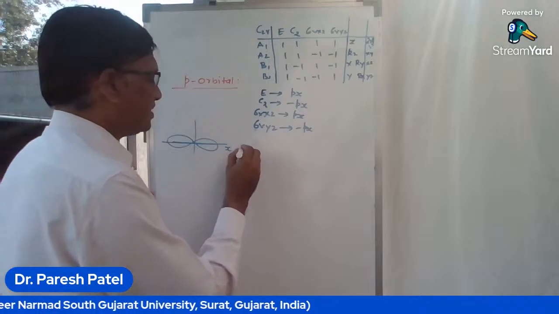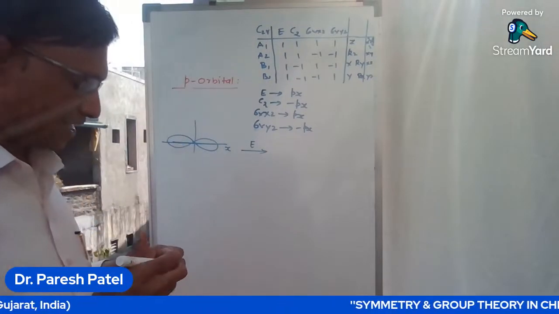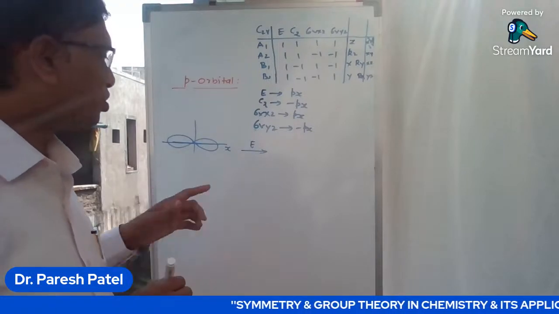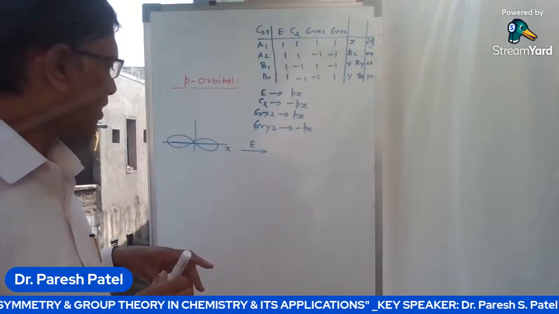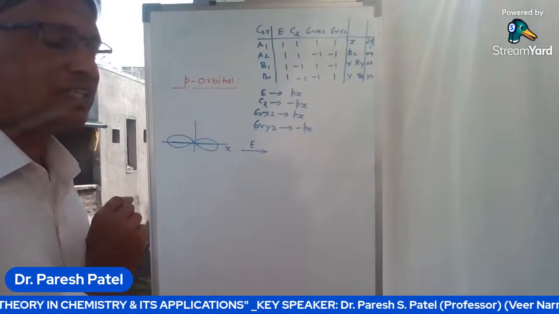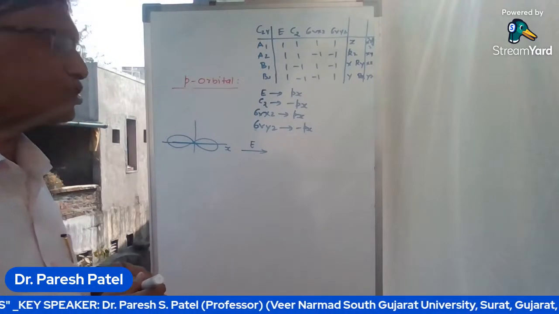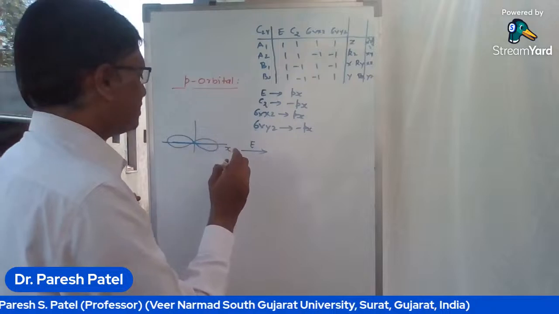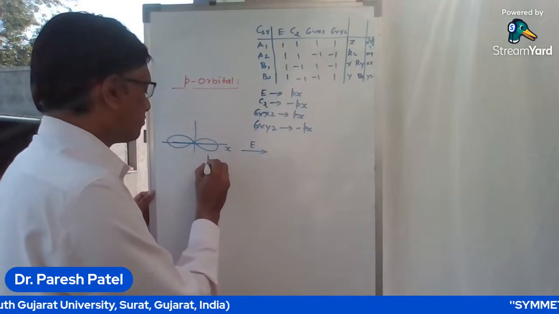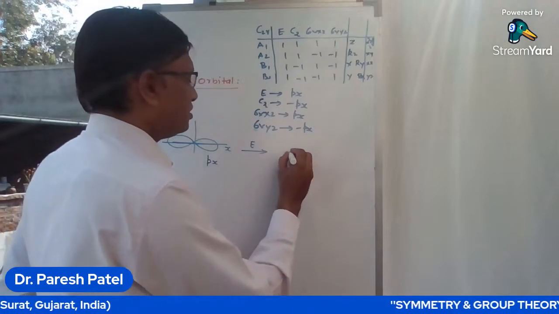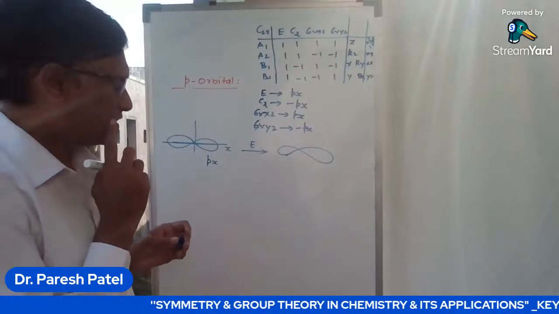Now, if we operate the identity symmetry operation, we can also consider that the shape of the p orbital is dumbbell shaped, and operate different symmetry operations on the dumbbell shape of the p orbital, either px, py, or pz, and find out the changes. If we operate the identity symmetry operation on the p orbital, this is the px orbital, so there is no change in the shape of the p orbital.